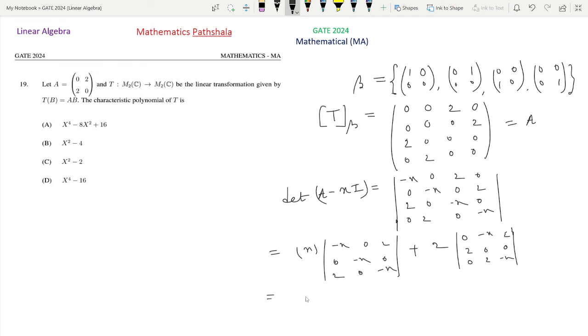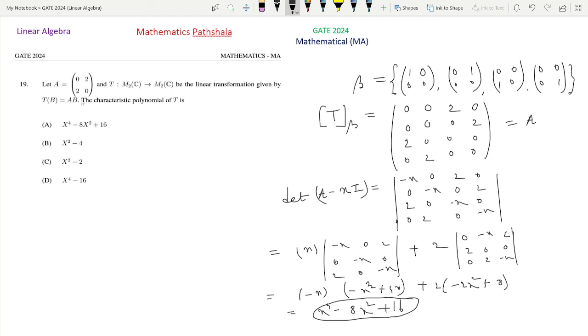Just find the determinant and we will get minus x into this, which is minus x cubed plus 4x, plus 2 into minus 2x squared plus 8. So finally we will get x to the power 4 minus 8x squared plus 16. So this will be the characteristic polynomial of the given operator T.